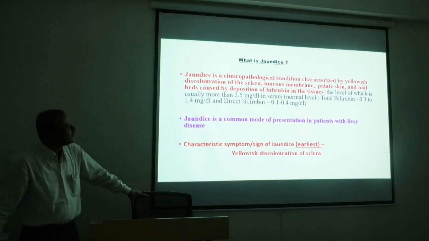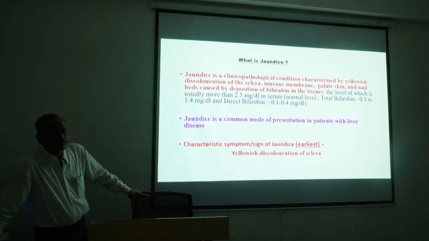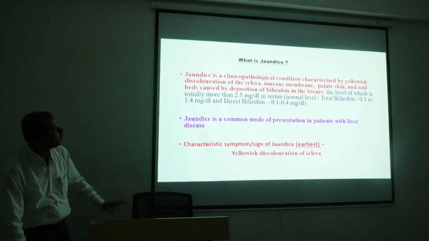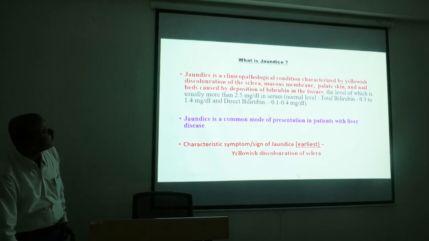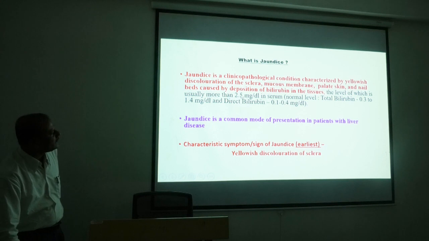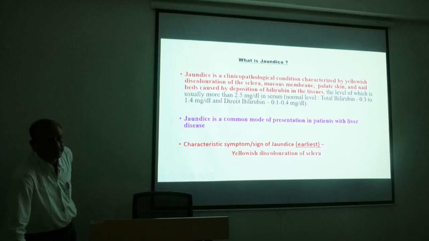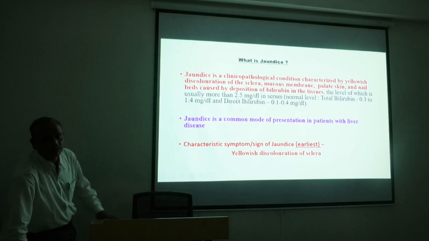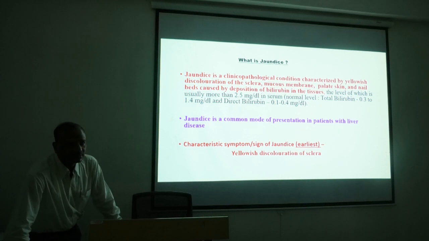Usually the bilirubin level is up to 1 milligram per deciliter, but only when the level is more than 2.5 will the jaundice appear. Okay? You understand what jaundice means?